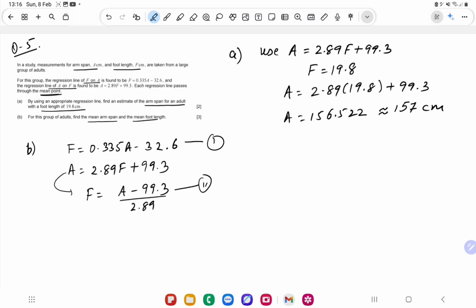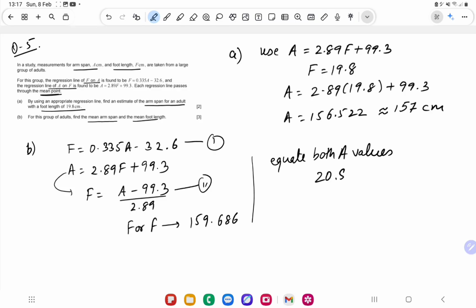I can equate both and use my GDC, and after equating both the values, I will get for f, because we are equating for f, so it is 686. And if you equate both a values, we will get the answer as 20.89.